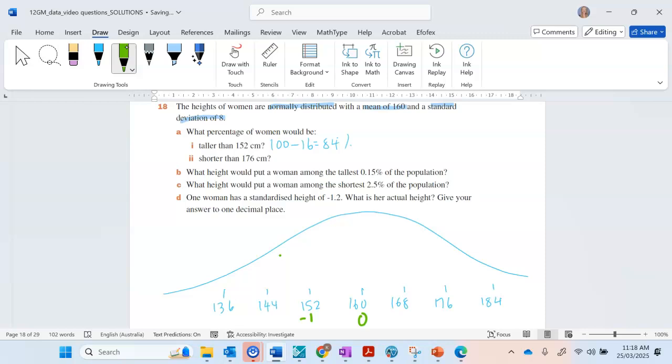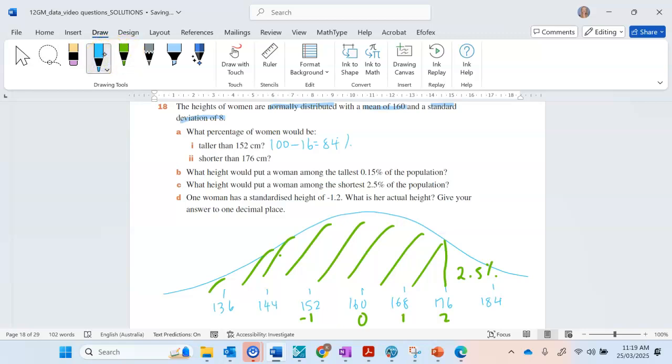176 is here. That is 2 standard deviations above, and we want shorter than that, so we want this part here. If we're 2 standard deviations above, this section here is 2.5%. Using the same understanding as before, that the whole thing is 100, we can take away that 2.5% and we get 97.5%.